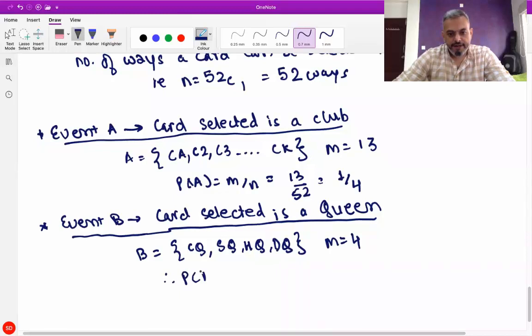Therefore, probability of B is equal to M upon N, which is 4 by 52, is also 1 by 13.